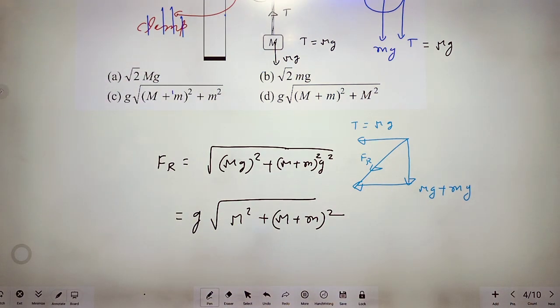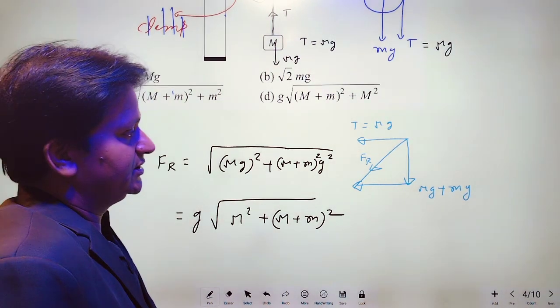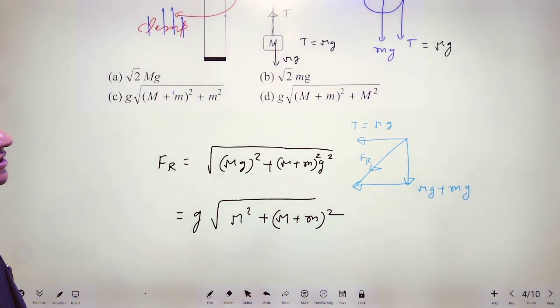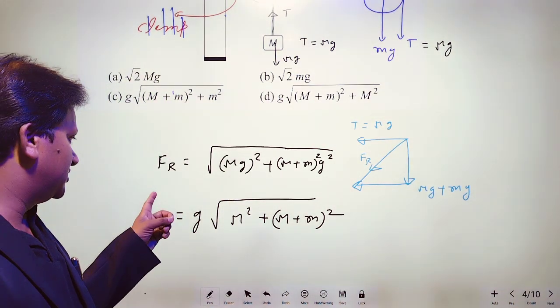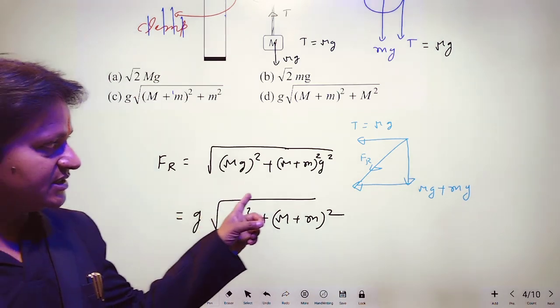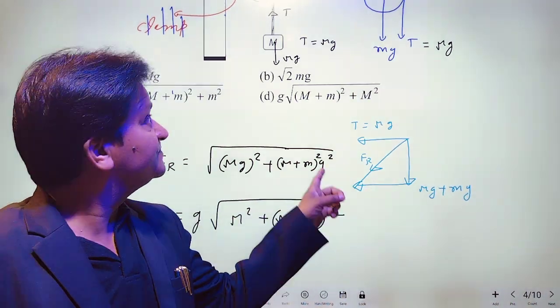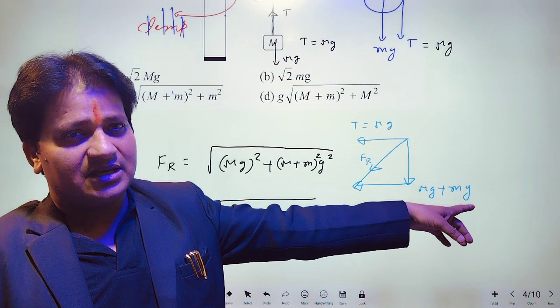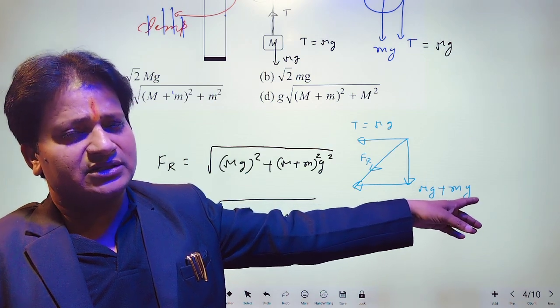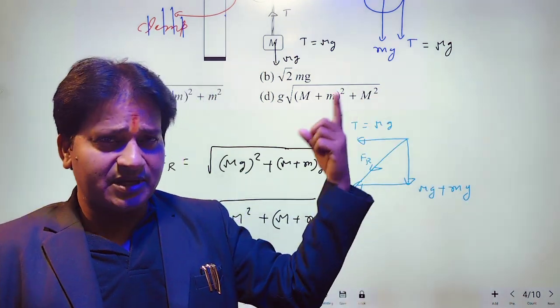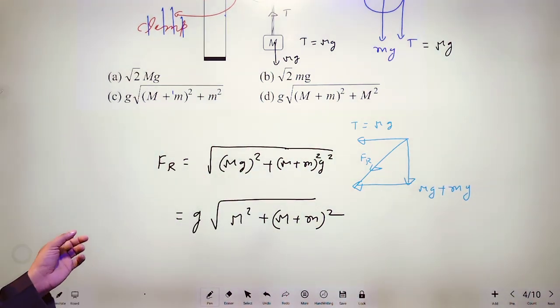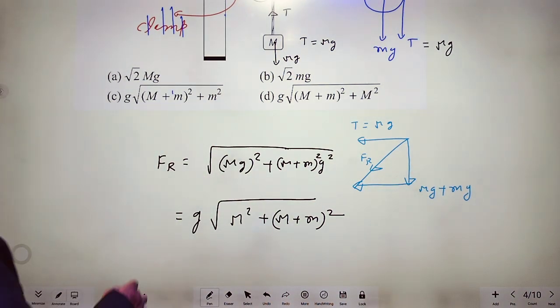This will be equal to the force exerted by the clamp on the pulley. According to Newton's third law, the force exerted by the pulley on the clamp also will be equal to Fr.